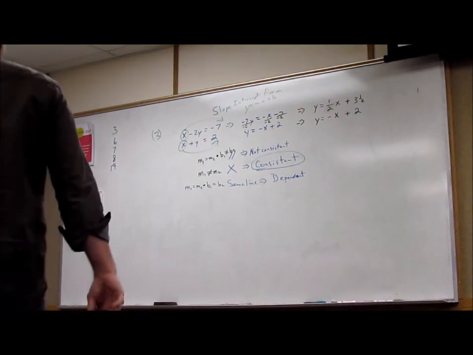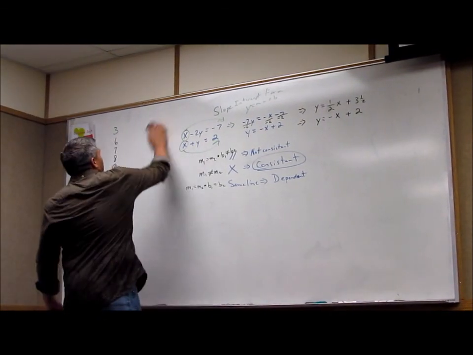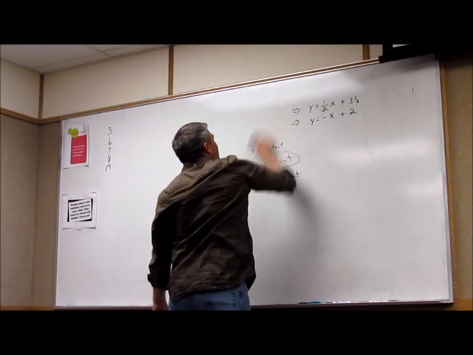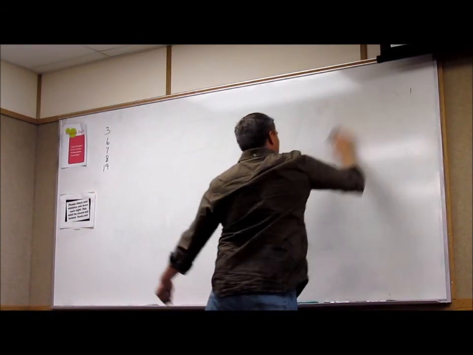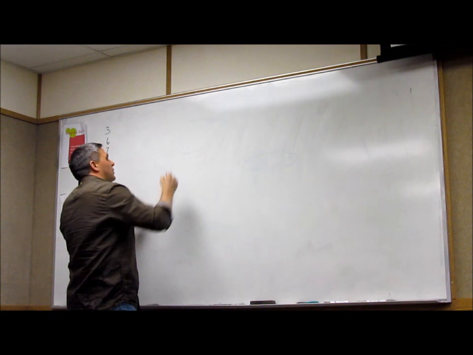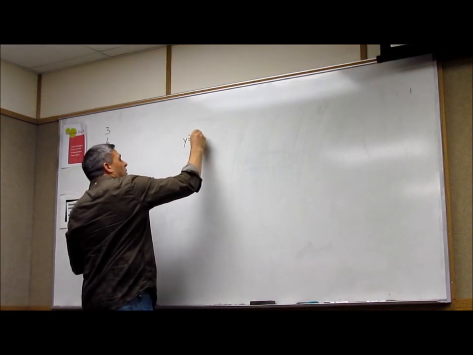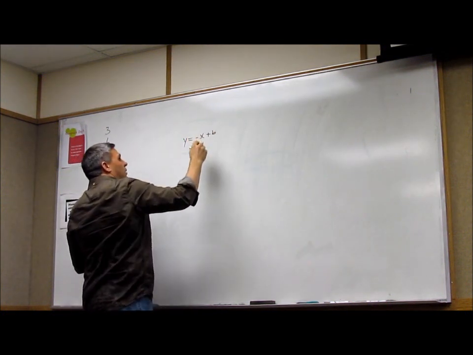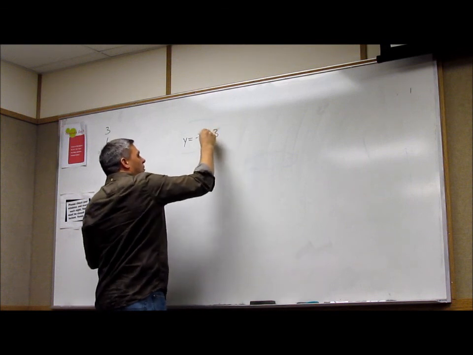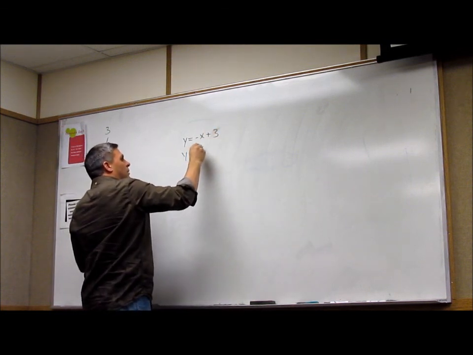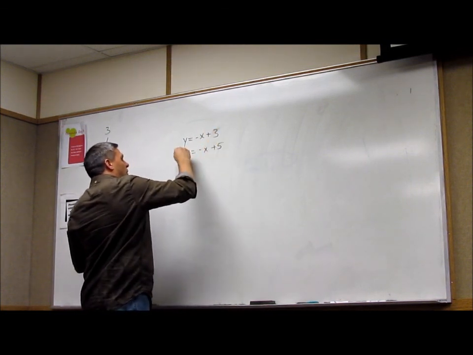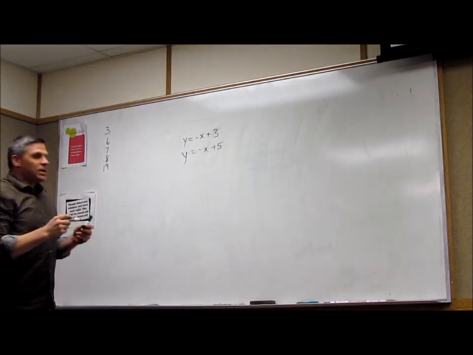Okay, next one. We're on a roll. Problem number 7. Read it to me. Y equals negative x plus 3. Y equals x minus 5. Is that right?